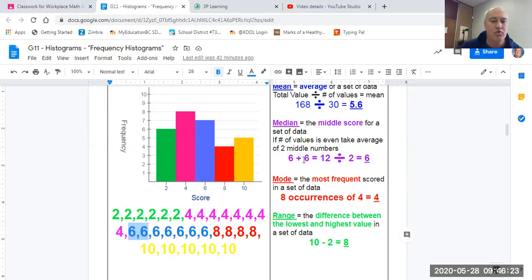We would add those two numbers together, 6 plus 9 is 15, and then divide by 2. 15 divided by 2 is 7.5.